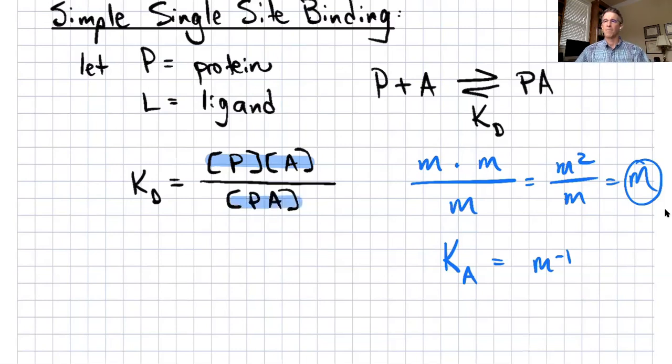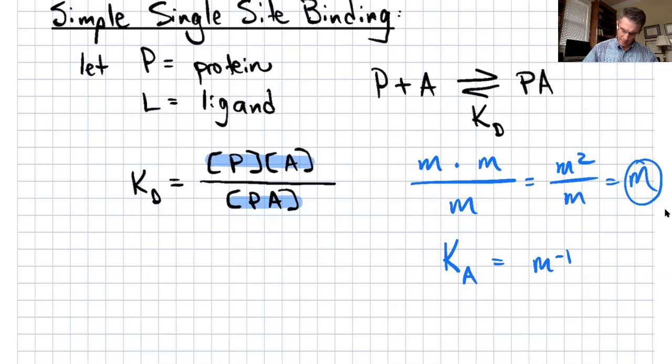That means you're making more complex. As the KD gets small, you're making more complex, which means that the smaller the dissociation constant, operationally, the tighter the complex, the easier it is to make that complex at lower concentrations, right?